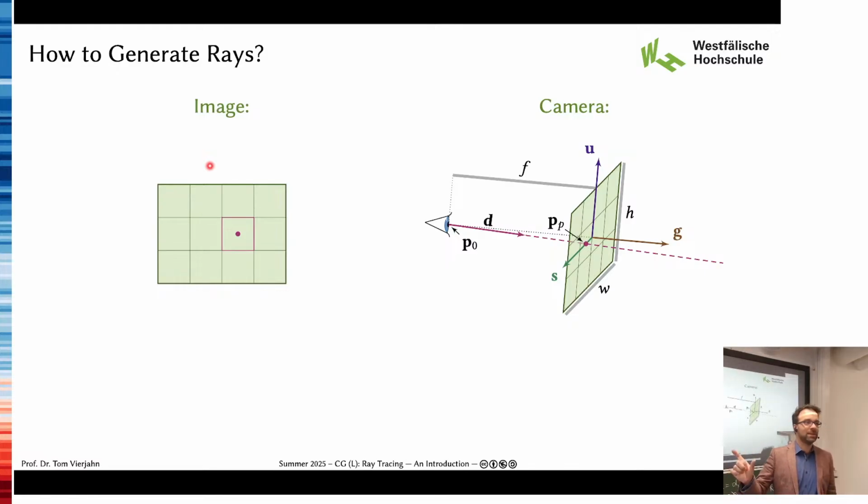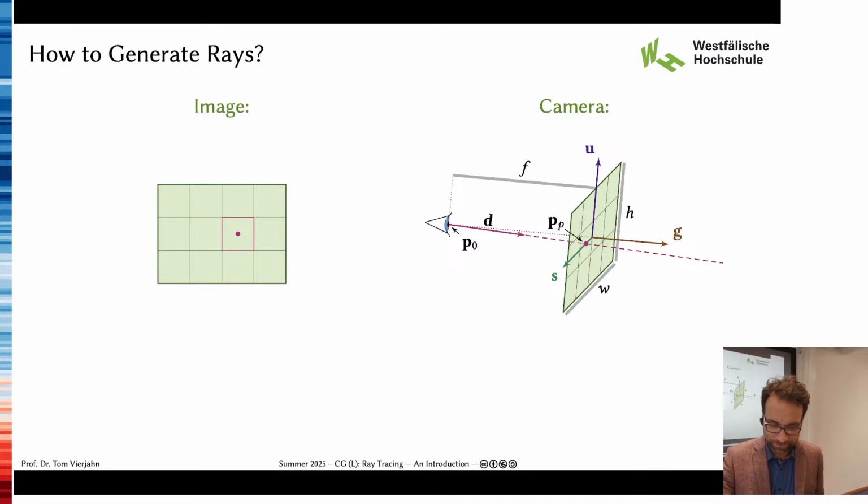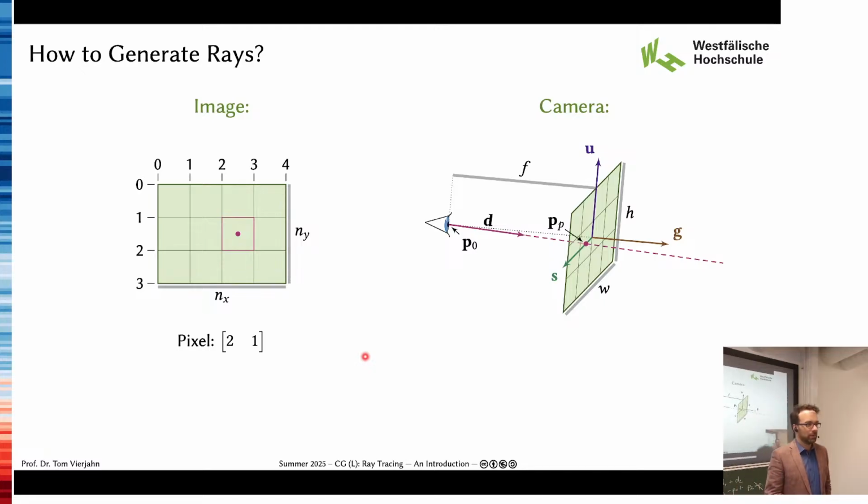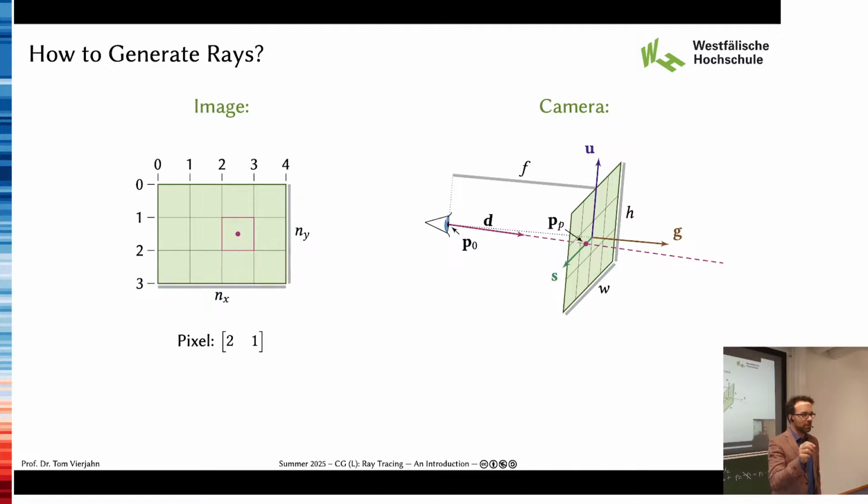There is a number of pixels horizontally and vertically. So in this case, 3 pixels vertically, 4 pixels horizontally. And we are talking about the pixel 2, 1 that we are looking through and for which we want to determine the color.